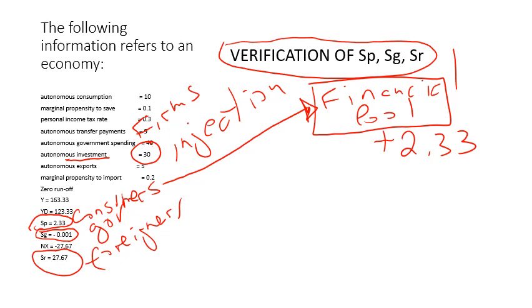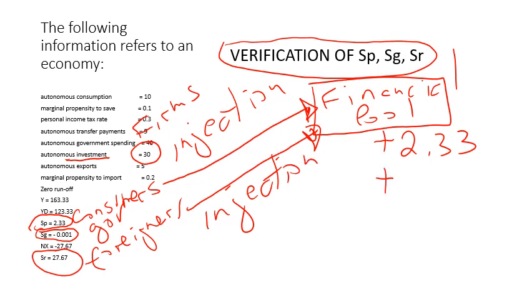So this is actually a capital inflow. So this $27.67 billion is going to be an injection. So that's a plus $27.67 billion.